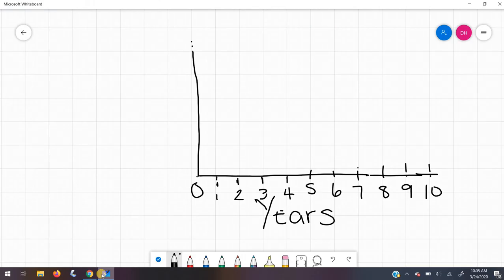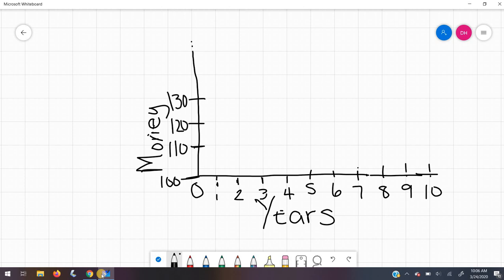It starts with $100, so we could write money over here, and then we would start down here with $100, and you could say maybe 110, 120. I didn't give myself enough room, did I? You'd have to make your graph a little bit bigger so it can all fit in there.